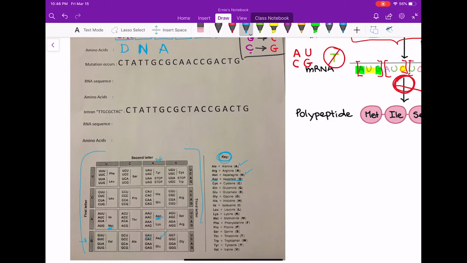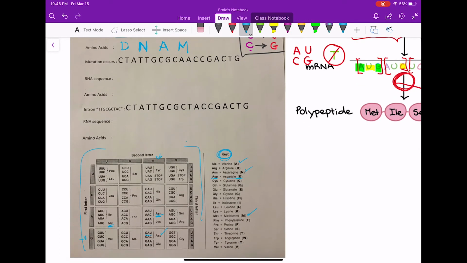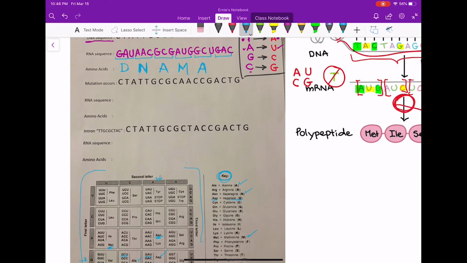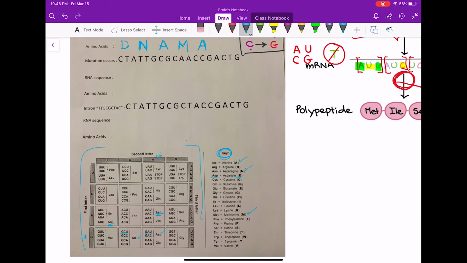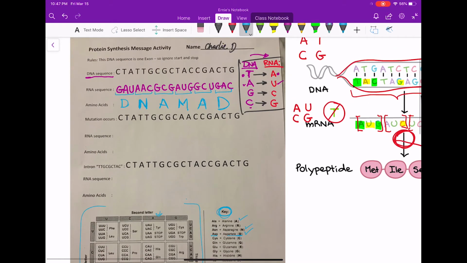MET is M, the letter M. And then GCU. GCU is ALA. ALA is A. And then GAC. GAC, I refer to my chart. GAC is ASP. ASP is aspartate. D. So now the message we read is DNA mad, right?